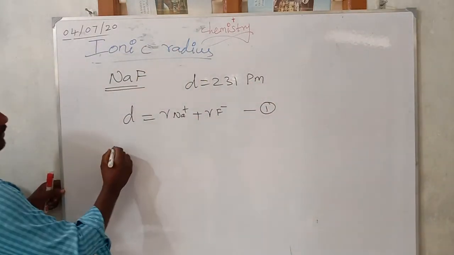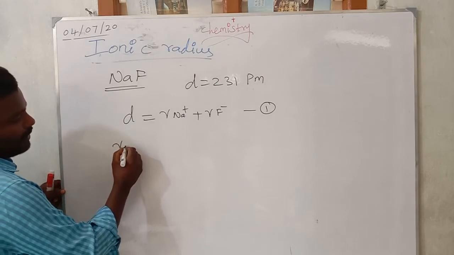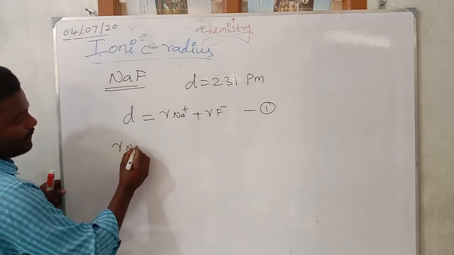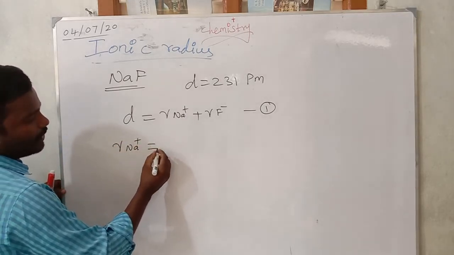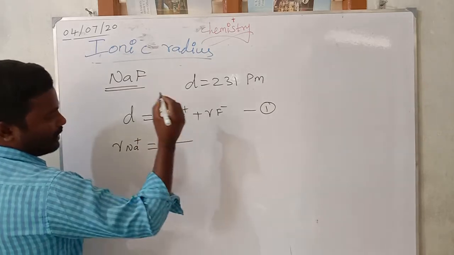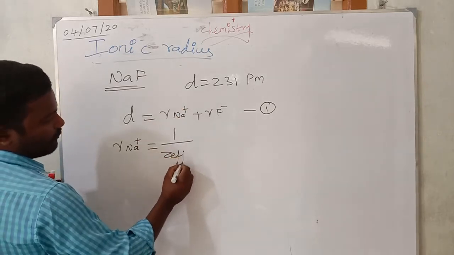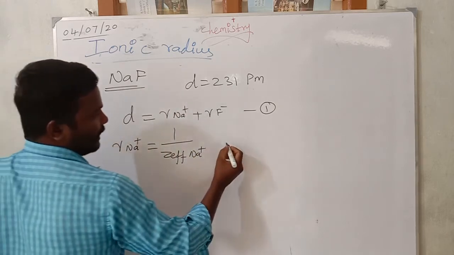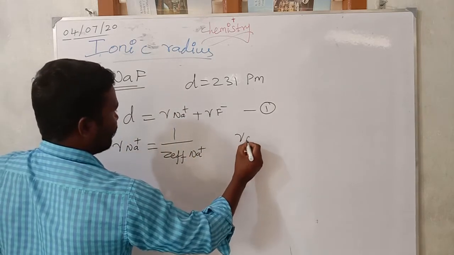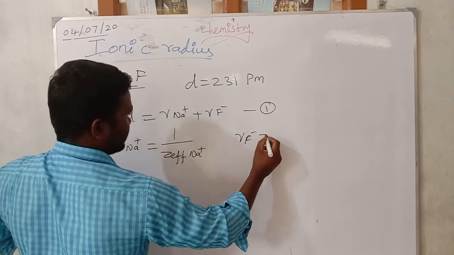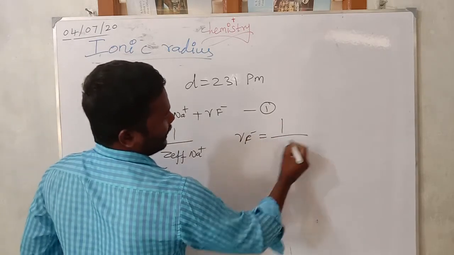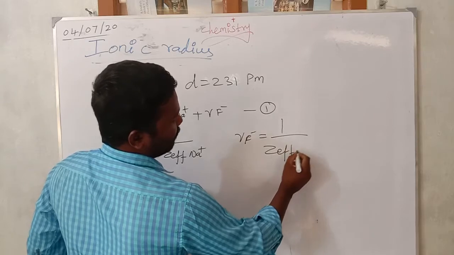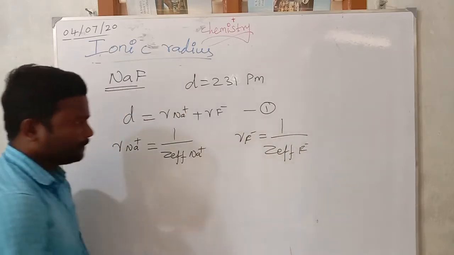Next, the radius of cation sodium Na plus is equal to 1 by the effective nuclear charge of the cation. Then as usual, the radius of F minus is equal to 1 by the effective nuclear charge of fluorine.